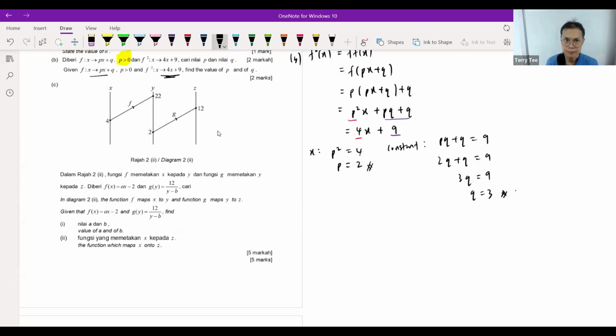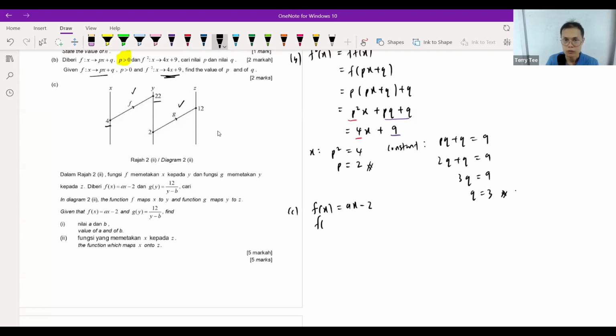Now moving on to part C. So here we have a composite function. When you're given x maps onto y onto z, you can see function f occurs first, followed by function g. Now we're supposed to find the values of the unknowns a and b, given function f(x) equals ax minus 2. So what we can do is substitute your x with 4, your f with 22.